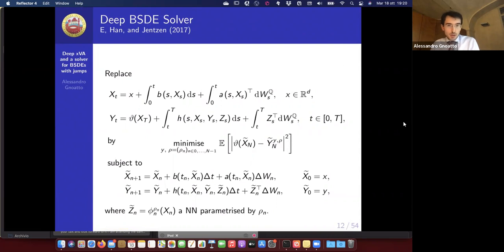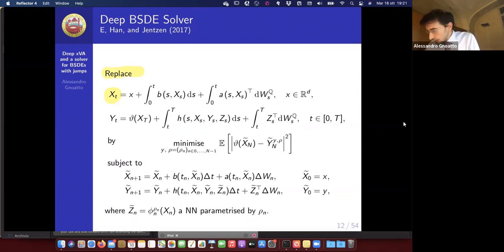So the Deep BSDE solver is an algorithm which allows us to solve forward-backward stochastic differential equations of the following form. You have a forward SDE of the usual form, the multidimensional SDE which describes the risk factors.